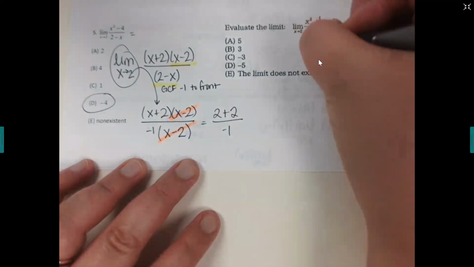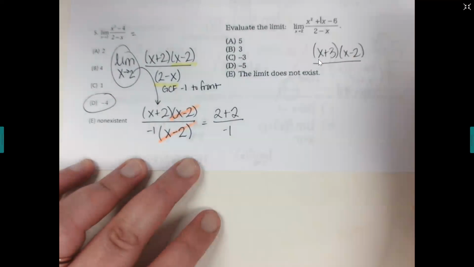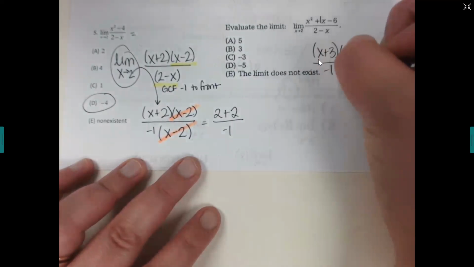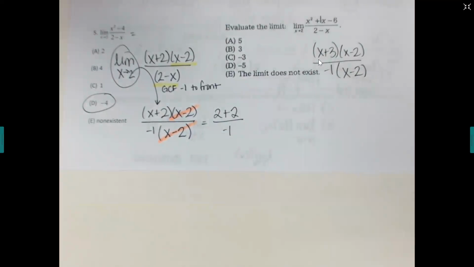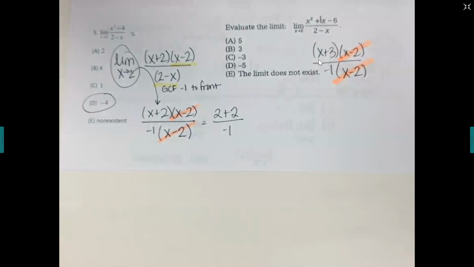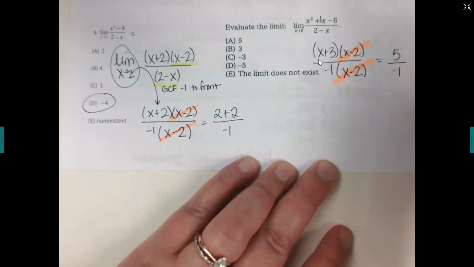Okay, x plus 3 and x minus 2. Then on the bottom, it's not x minus 2, it's 2 minus x. So what do we pull out? -1, and now it's an x minus. Okay, then what are we plugging in for our x? So what are we gonna get on top? What are we gonna get on bottom? Okay, so 5 divided by -1 is negative 5.